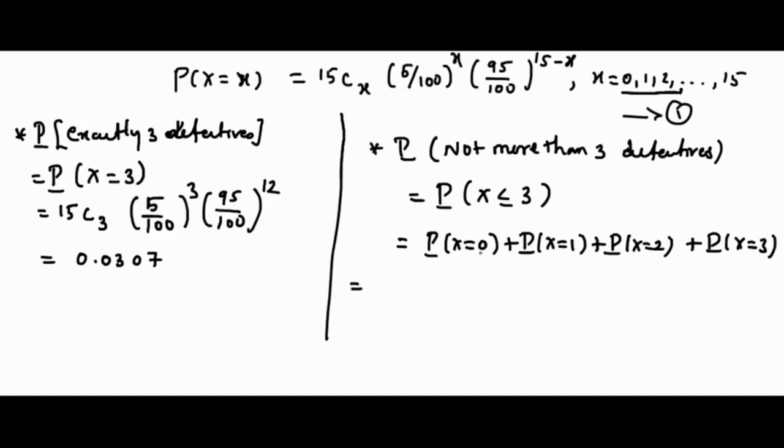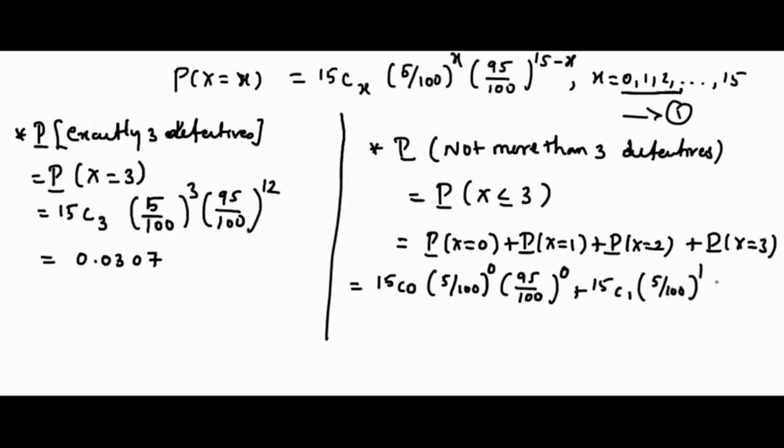Coming to the first one, substitute x equal to 0 in equation number 1. So we get 15 C 0, 5 by 100 power 0, 95 by 100 power 15 minus 0, that is 15, plus, substitute x equal to 1. 15 C 1, 5 by 100 power 1, 95 by 100 power 15 minus 1, so we get 14.